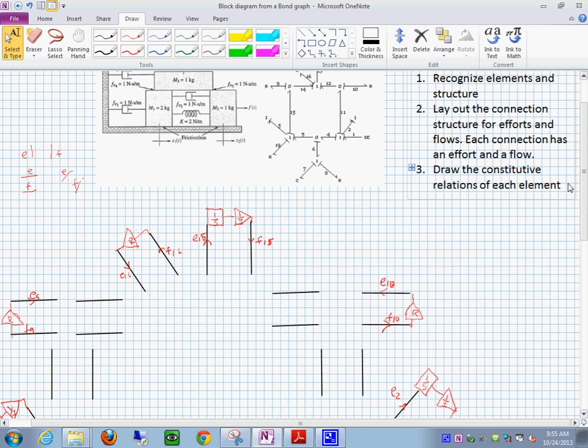And now I would go and do step number 4, which would be, I will say, draw the summation points for E's and F's, and here we need to say consider the signs. Okay.